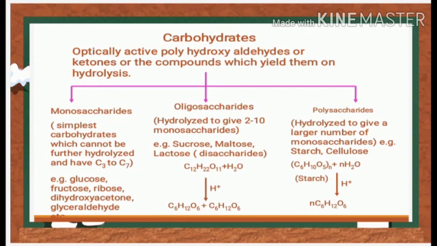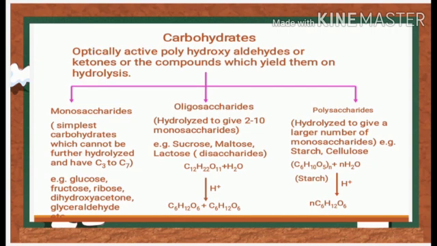Trisaccharides are carbohydrates which on hydrolysis give 3 molecules of the same or different monosaccharides. For example, raffinose. And the next part is polysaccharides.